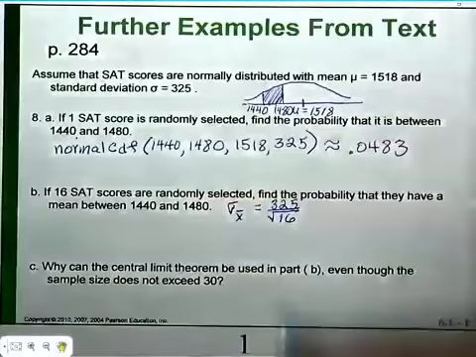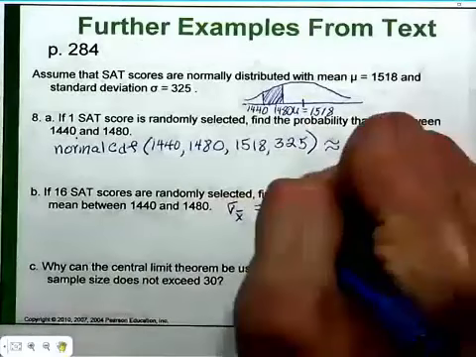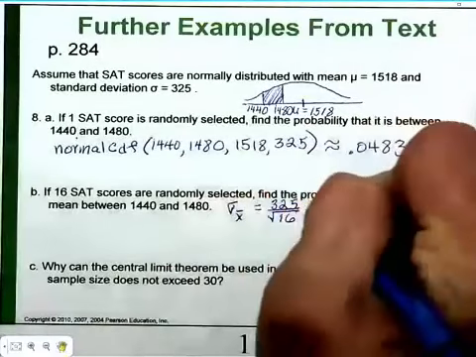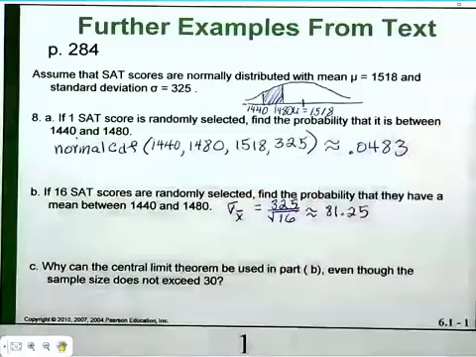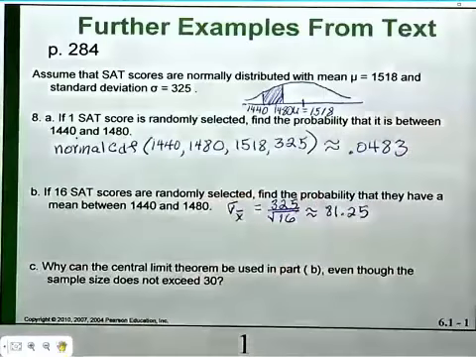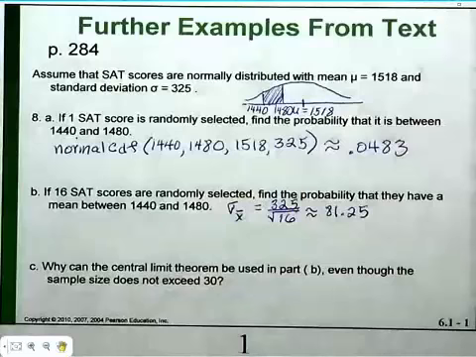I got that to be 81.25. And since that doesn't have too many decimal places, it would be easy to type in the same thing I did in number 8, but instead of using 325 for the standard deviation, use 81.25. That's one way I could do it.